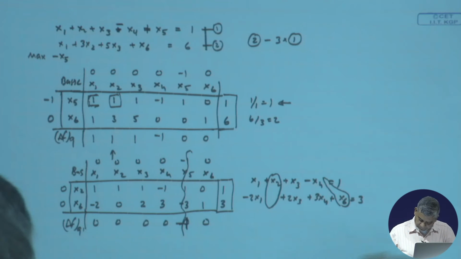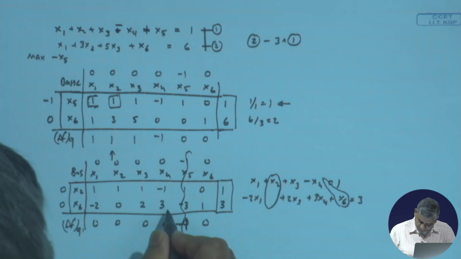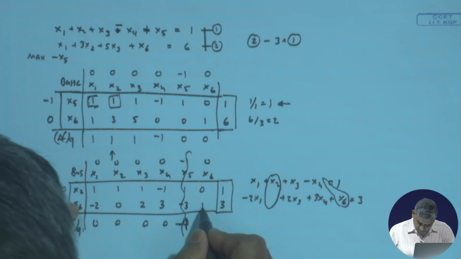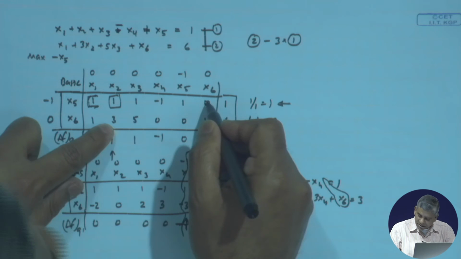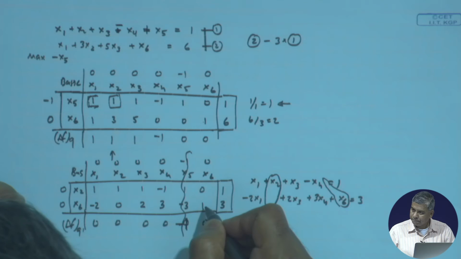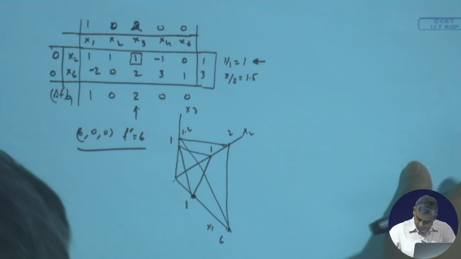Okay. The second table, x6 should be 2. Okay. How did we get that? We were multiplying the first by 3 and subtracting from the second. So 1 minus 3 times 0 should be 1. Check that. Seems to be correct. Okay.